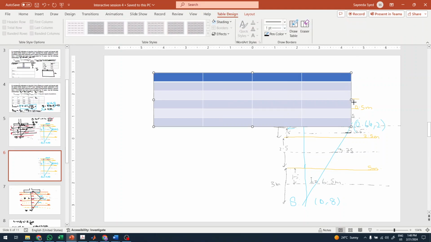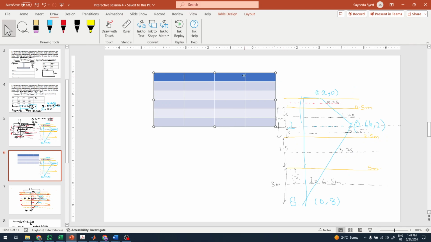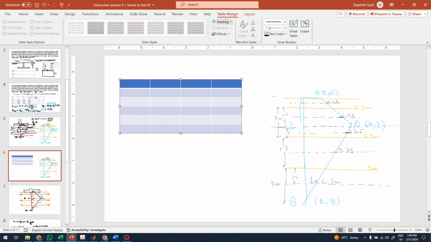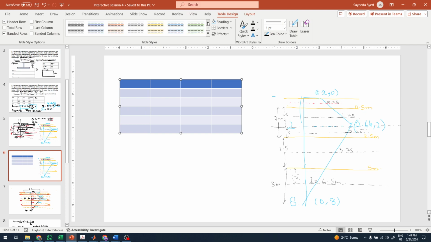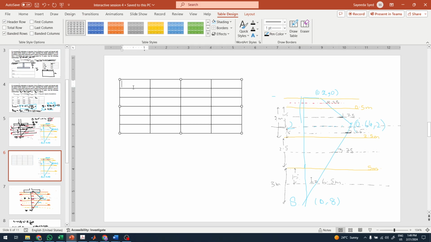Let us take some more for our convenience. Okay, so this will be Z. This will be the Iz from interpolation.